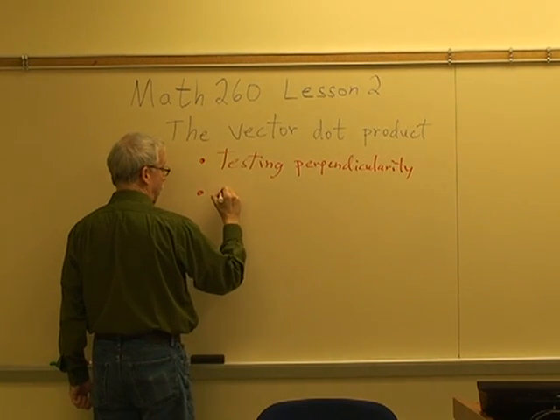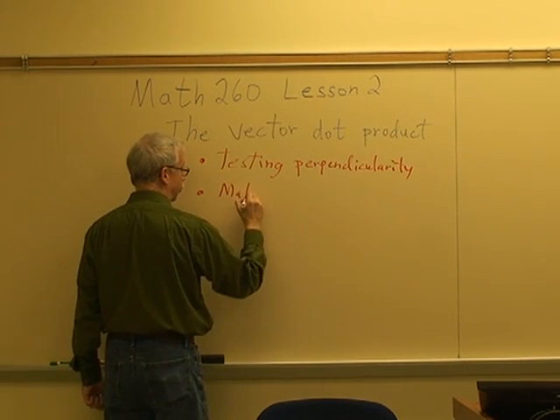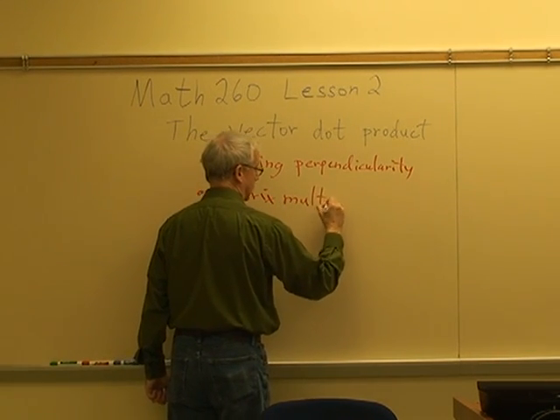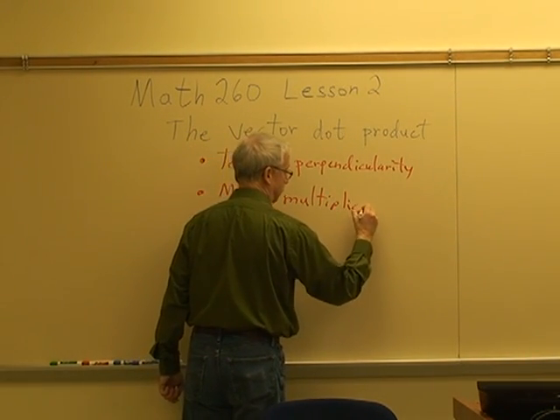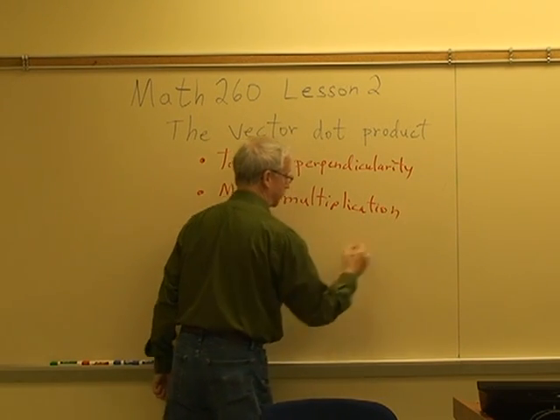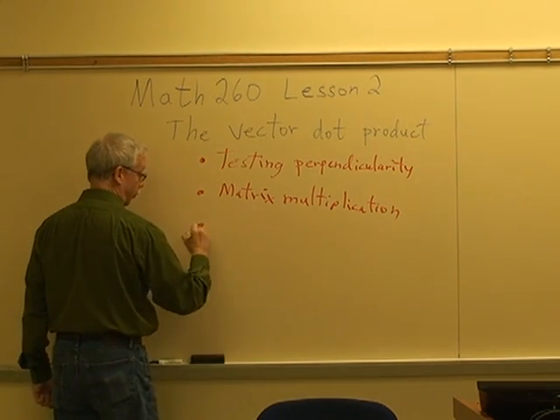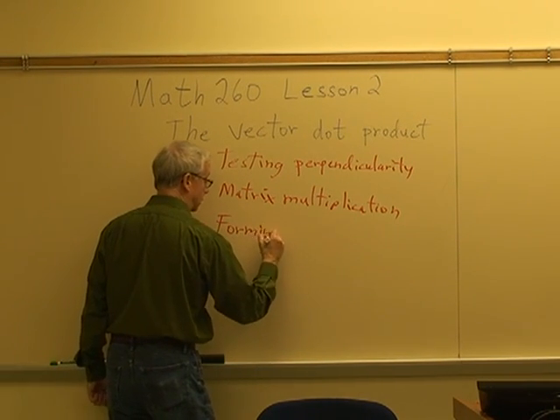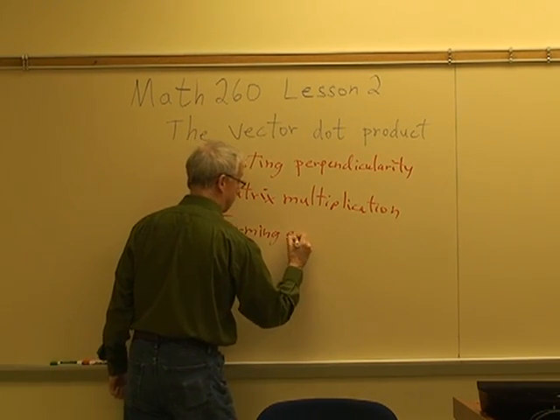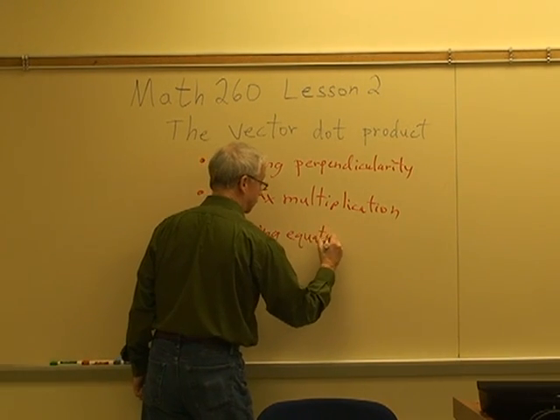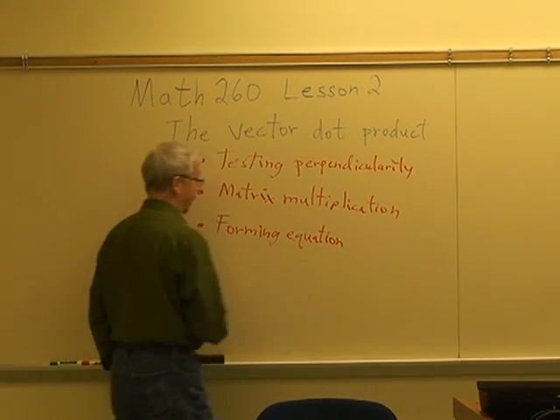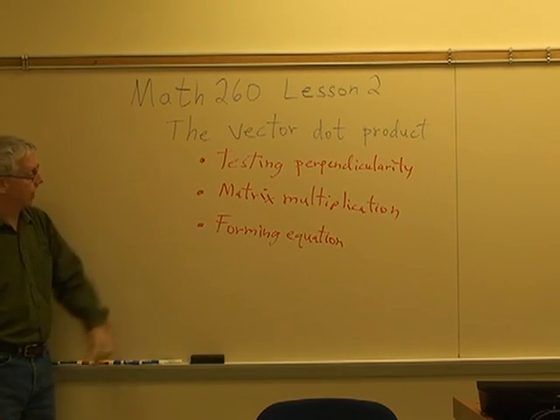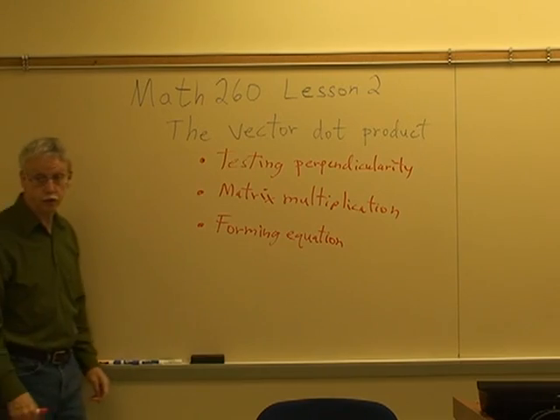It's used as part of the definition of matrix multiplication. And it's used for forming equations using vectors and matrices. So the dot product will have heavy use in future lessons in the class. That's lesson 2.